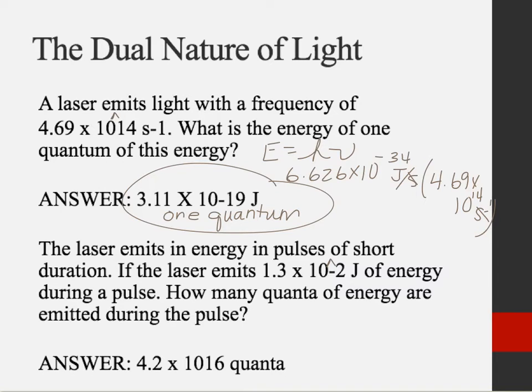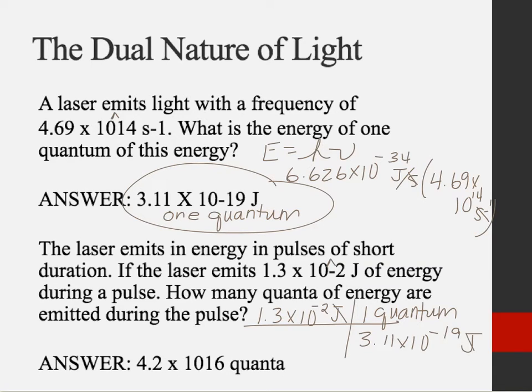So we can take this energy emitted during a pulse and divide by the energy of one quantum, which we just determined to be 3.11 times 10 to the negative 19th joules. And we will get 4.2 times 10 to the 16th quanta, or packets of energy.